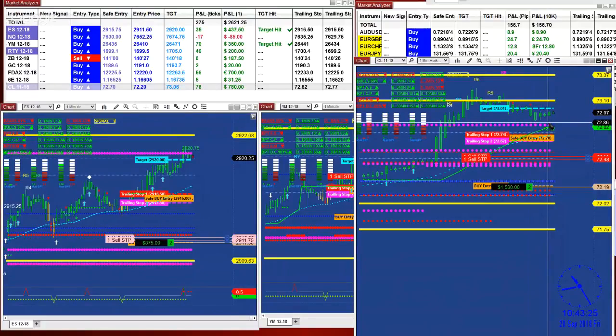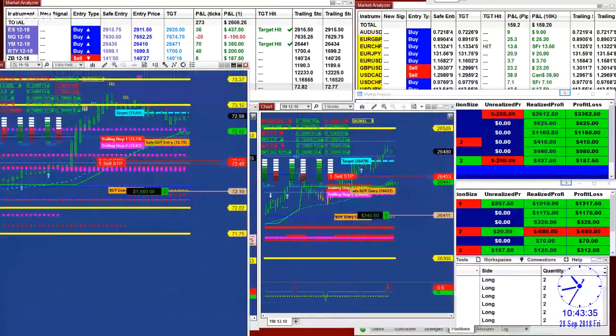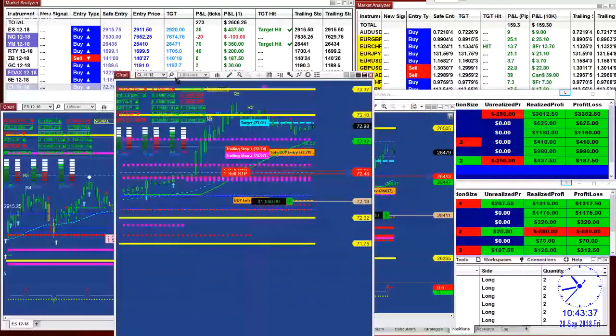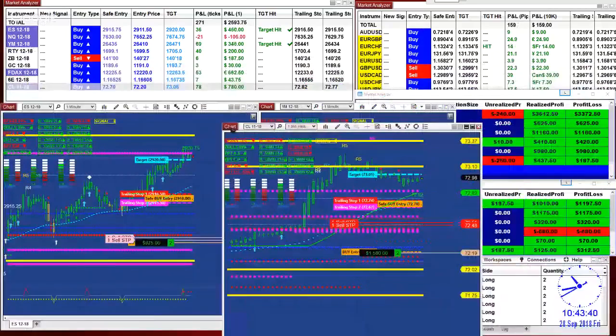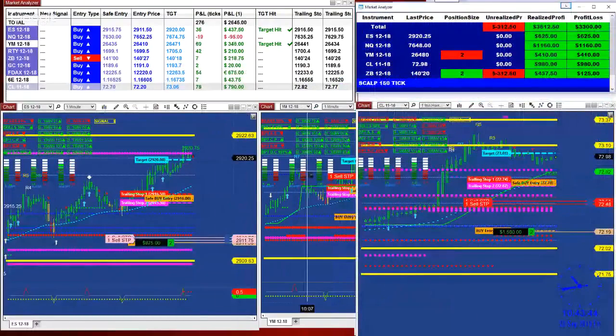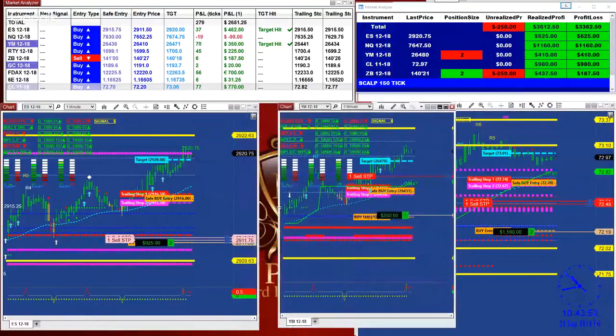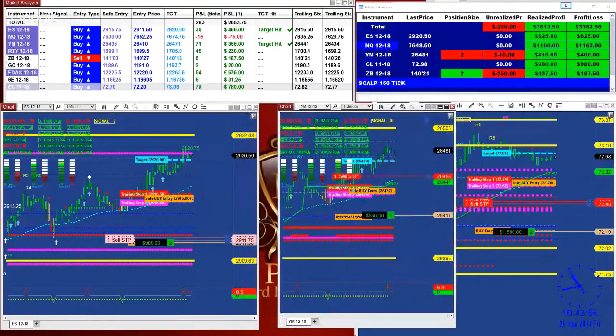So this is a re-entry point. But if the CL goes below 72.70, that means kiss goodbye to the long trade, and now we are going to short trades. So you've got to be careful how you play the game on the CL, because it is very important for those technical points to be clear.